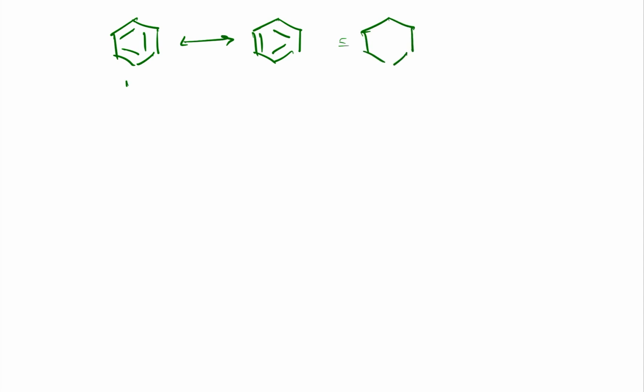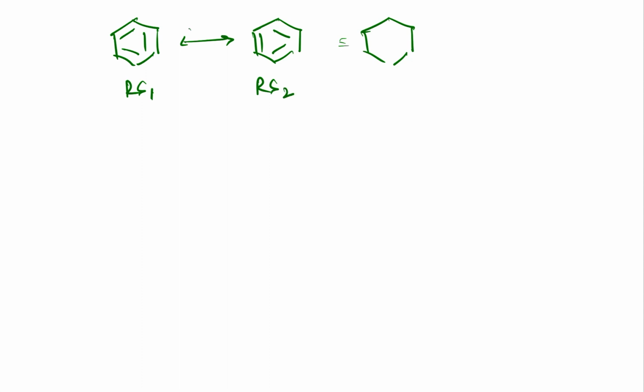So resonance, we have seen, like there is benzene. Benzene exists in this form as well as this form. So the delocalization of p electrons due to this is called the resonance hybrid. This is resonating structure 1, this is resonating structure 2. These are denoted by this sign, a double-headed arrow.